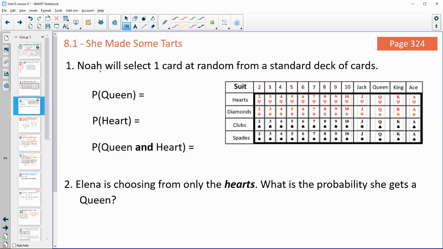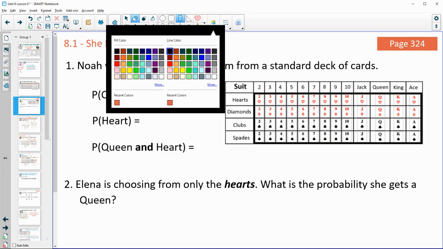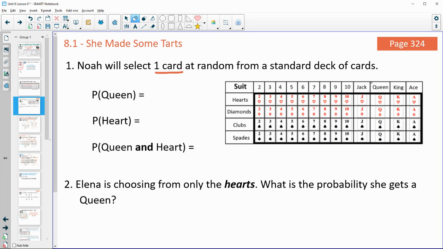All right, so number 1, it says Noah will select one card at random from a standard deck. So he's going to select one card. What's the probability that the card that he selects is a queen? So let's isolate and figure out how many queens there are. So remember that there are 4 queens, 1 for every suit.